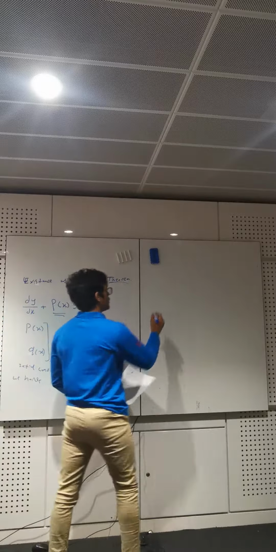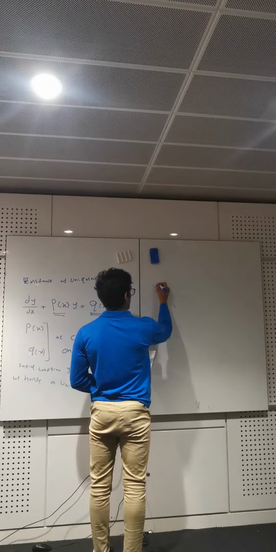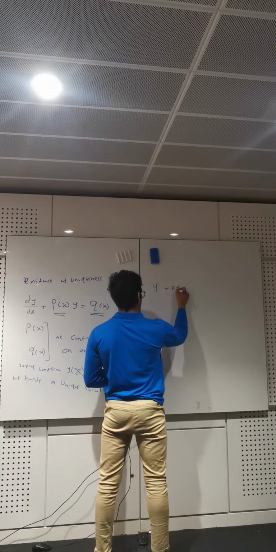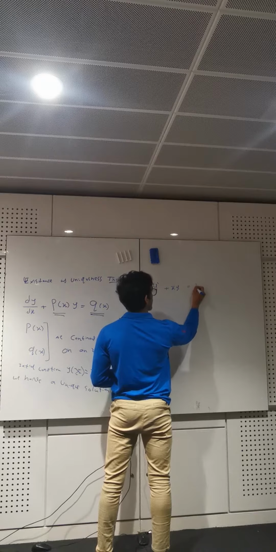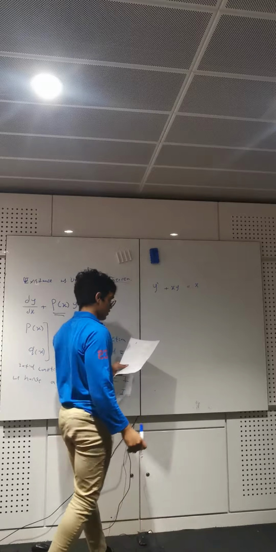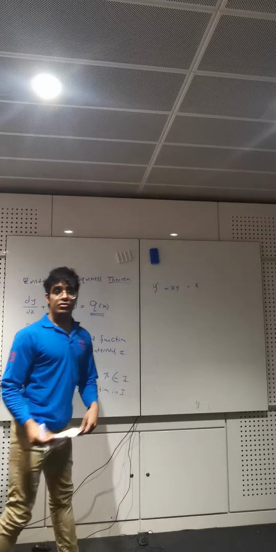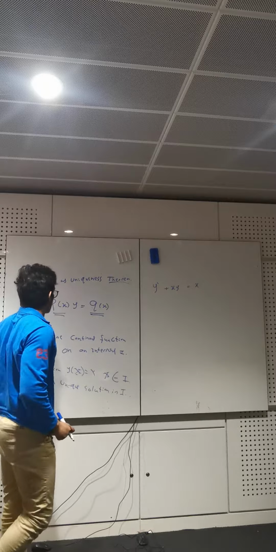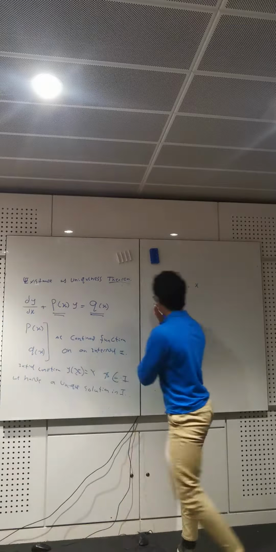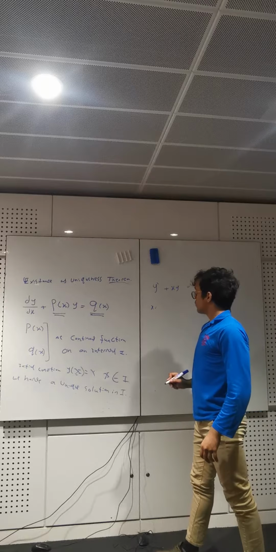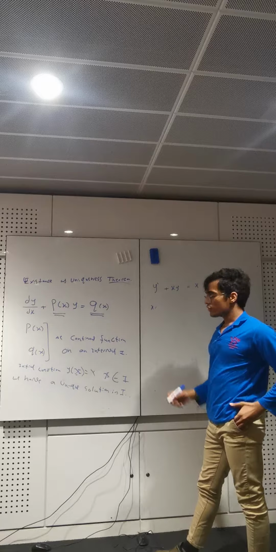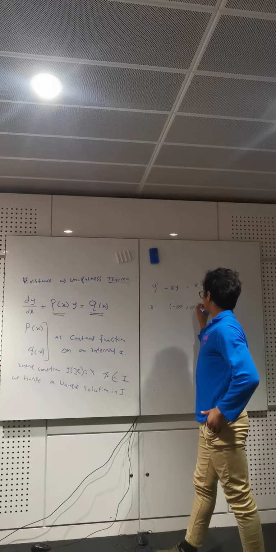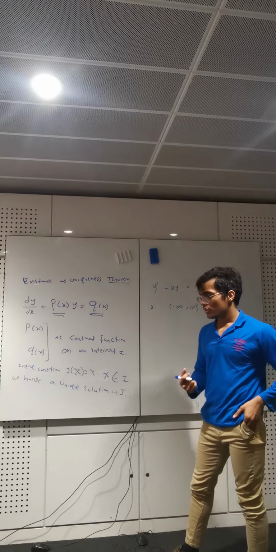An example of this is y prime plus xy is equal to x. Let's ask ourselves the following questions. We have the function x. In which interval is x continuous? It's continuous between negative infinity and infinity.